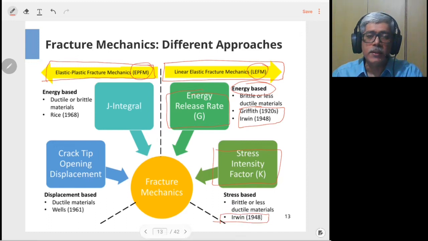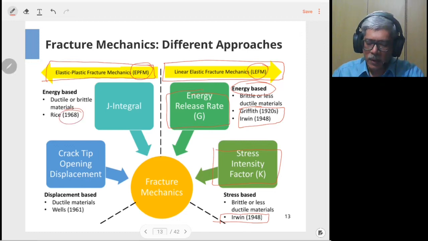Both these approaches assume that the material is perfectly elastic, linear elastic, and under this assumption the theory has been developed. Interestingly, although it is an ideal situation, for many of the engineering materials this approach works perfectly.